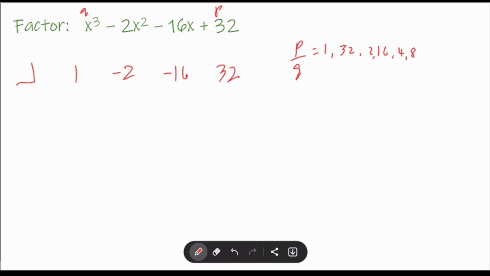And then I think that's it. So if we arrange it in order, that will be 1, 2, 4, 8, 16, and 32. Of course, the positive and negative of all of these. So there are a lot of possible numbers to put here on the box.